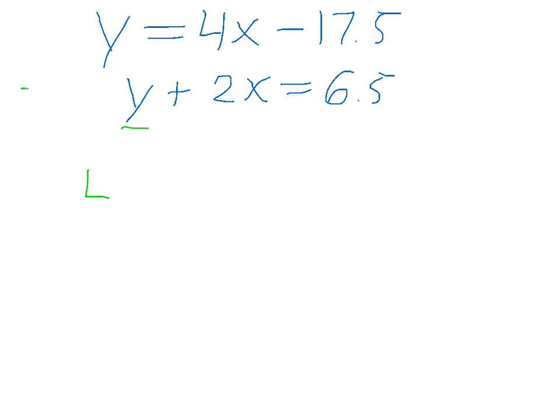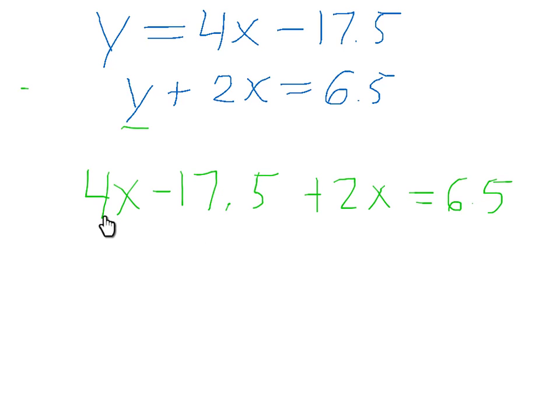I'm going to say that 4x minus 17, and then continue writing along this equation. Okay, so plus 2x equals 6.5.